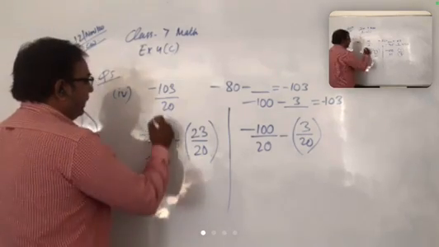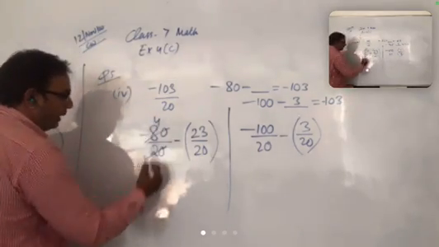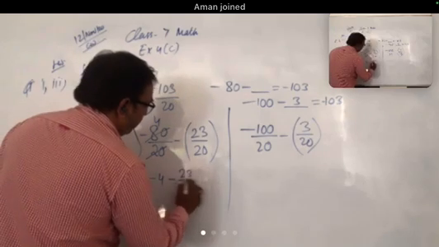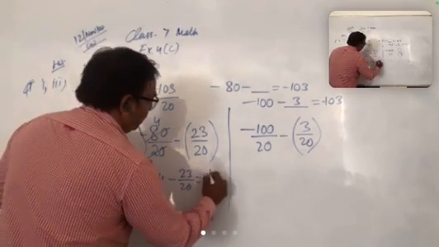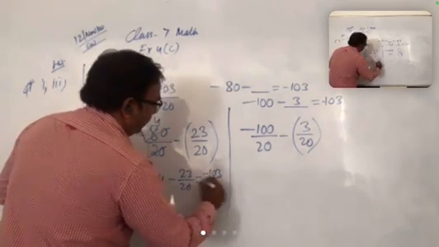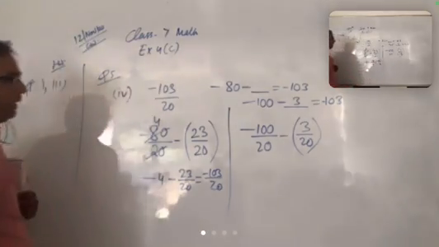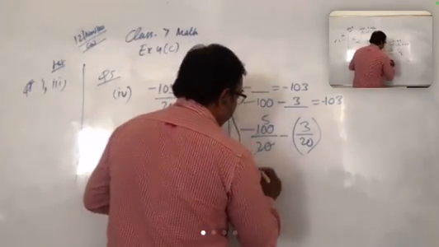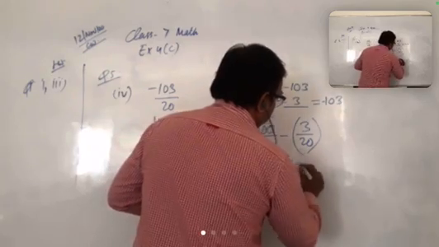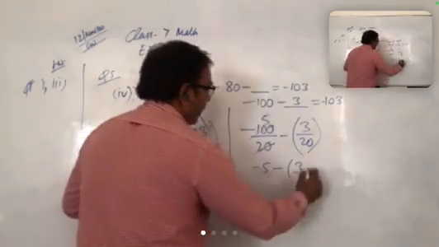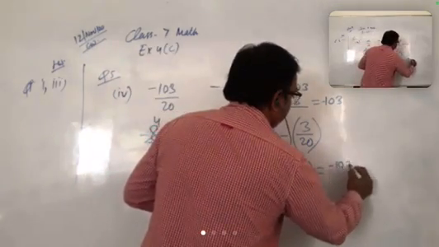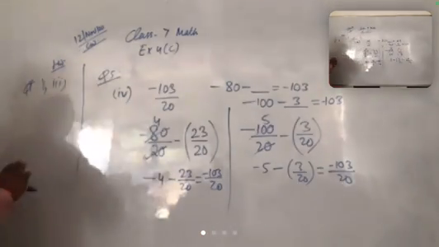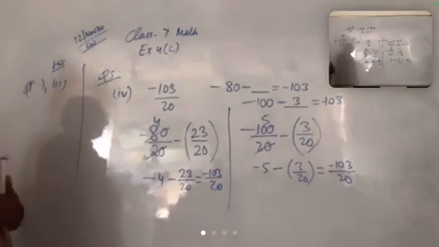So if we cancel it, this is minus 4, so it means minus 4 minus 23 upon 20 is equal to minus 103 upon 20. Is it clear? And if we do it here, 25 is 100, so it will be minus 5 minus 3 upon 20, which is also equal to minus 103 upon 20. Both solutions with different numbers. Is that clear?